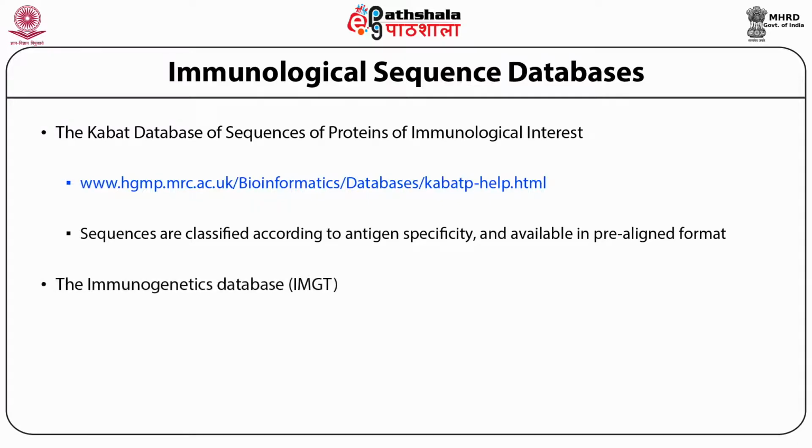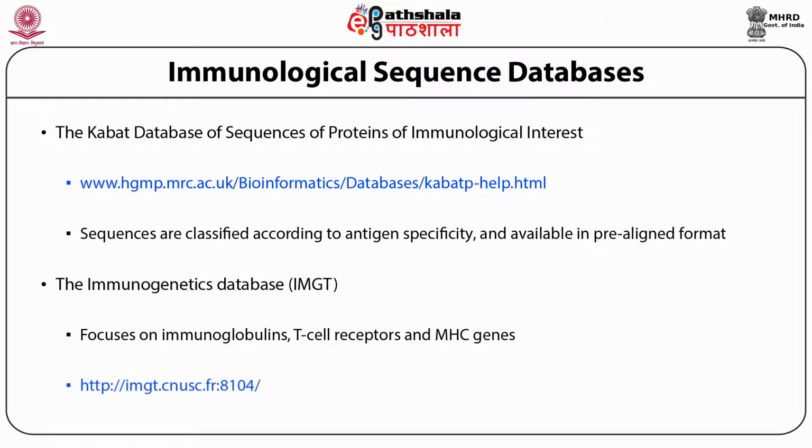Then the immunogenetics database focuses on immunoglobulins such as T cell receptors and MHC genes, what kind of antigen they could bind, and all this information you can get in the immunological database. You can also get information about how many antigenic sites are present in a particular antigenic protein, and whether this protein is virulent or not. All this information is available in the immunological sequence database.